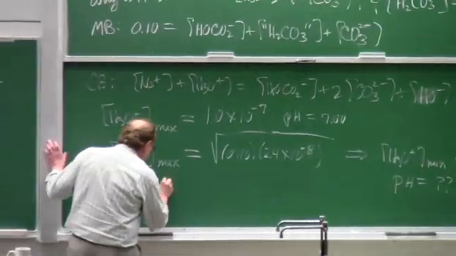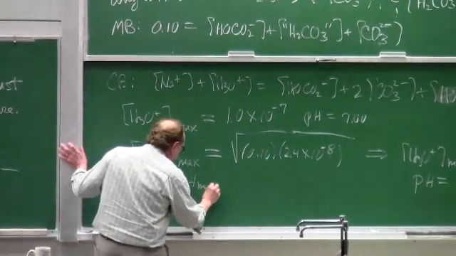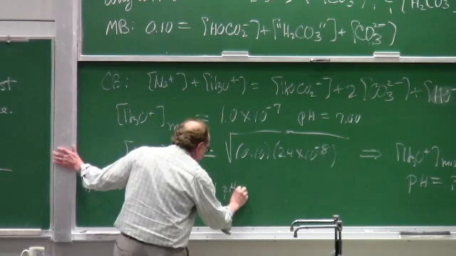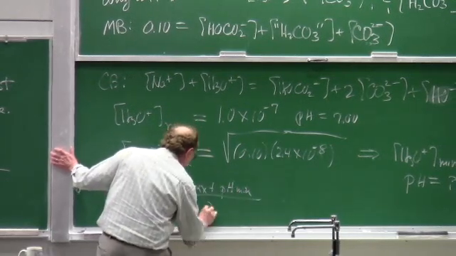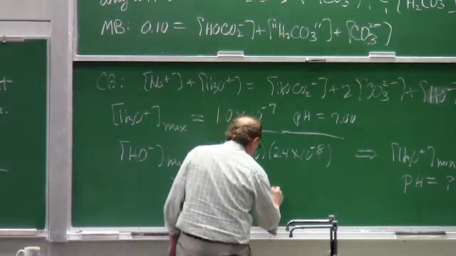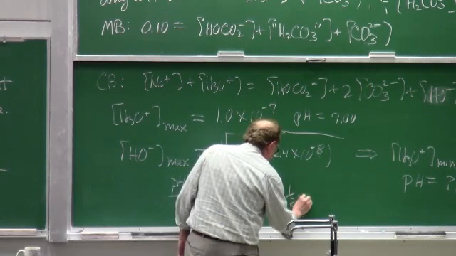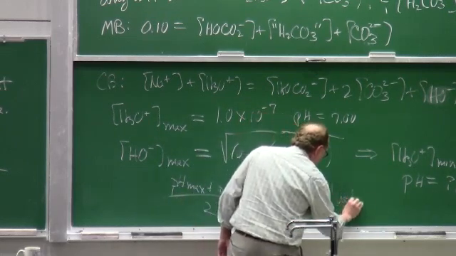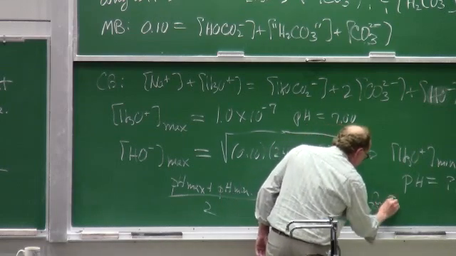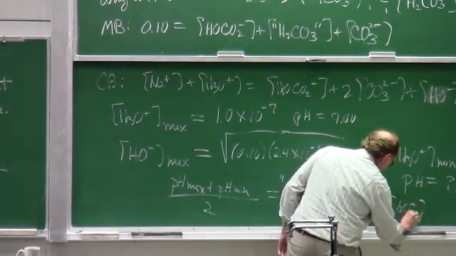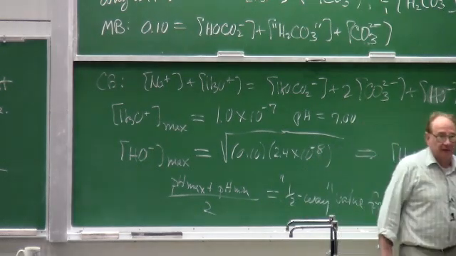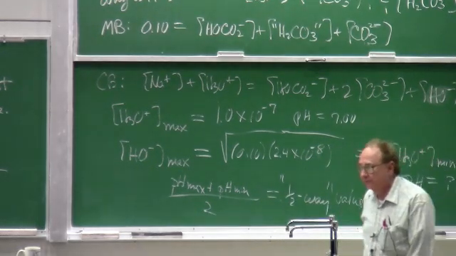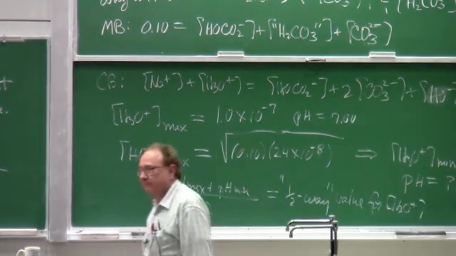So I'll write pH max plus pH min over 2. That gives me the halfway value for the hydronium ion concentration for the solution. That's what I do.